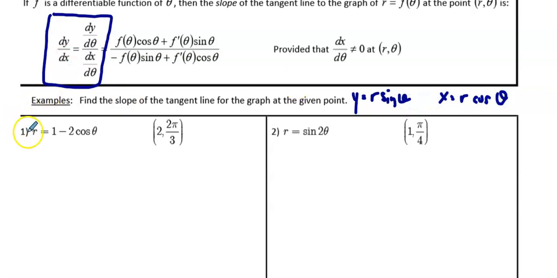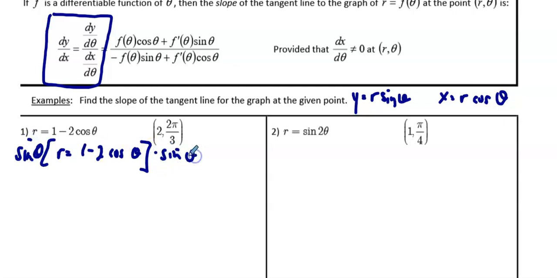If I multiply both the left and the right hand side of r equals 1 minus 2 cosine of theta by sine of theta, I'm left on the left hand side with r sine theta, and then I distribute the sine of theta to get sine theta minus 2 sine theta cosine theta.